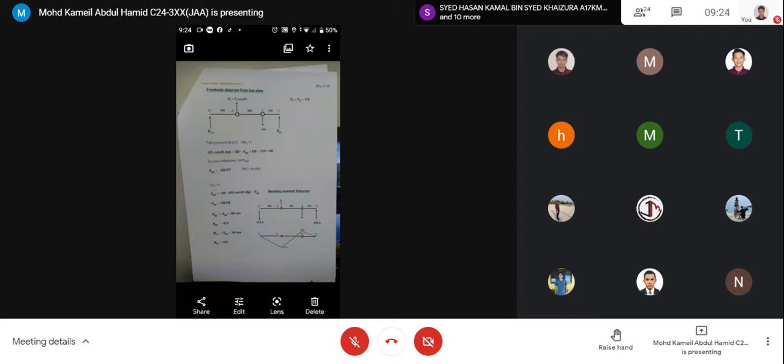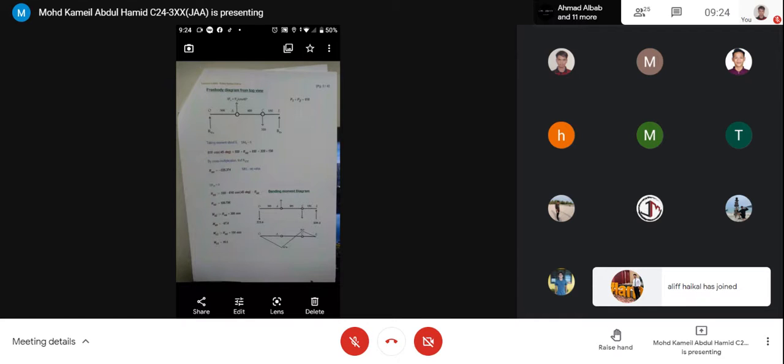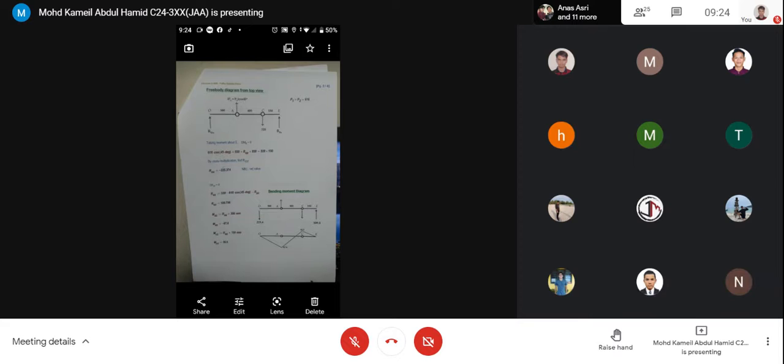Okay, P1, P2 tu dah ada. Okay, ROZ you get negative 225. Okay, so turun ke bawah lah nanti maknanya. Okay, it's going to be opposite direction. Okay, and then apa?